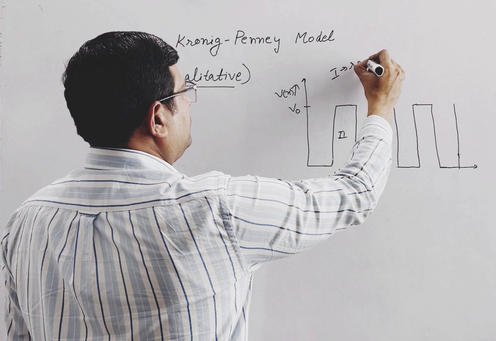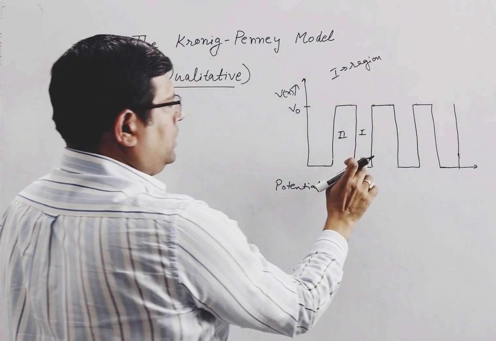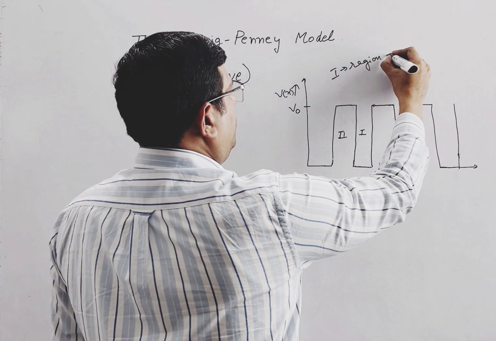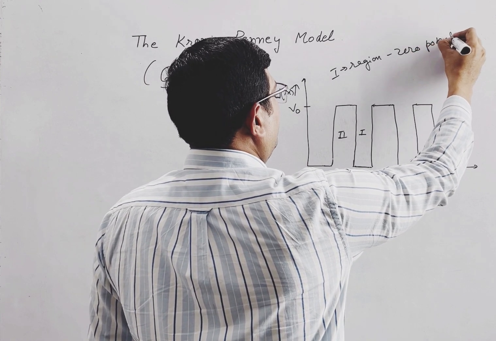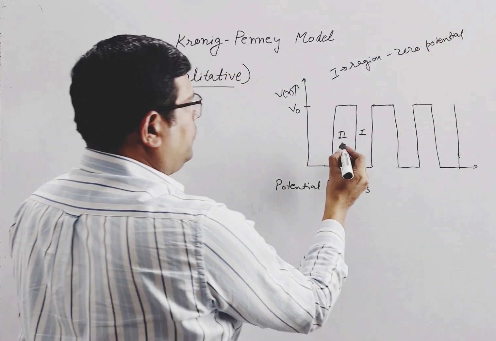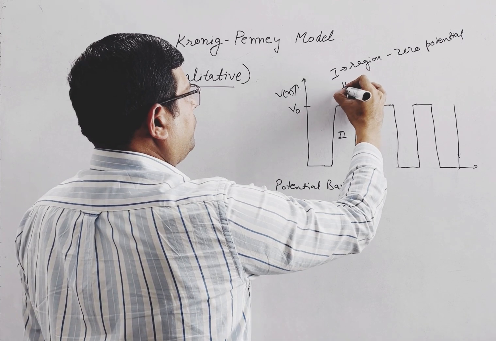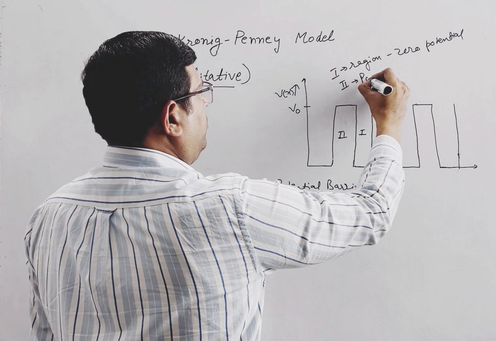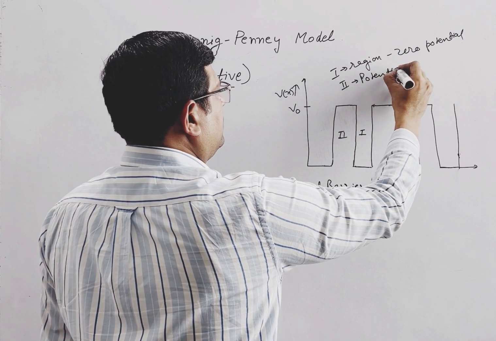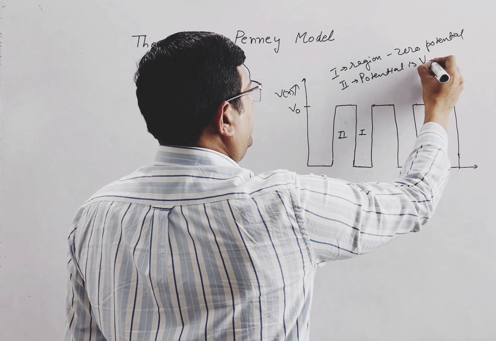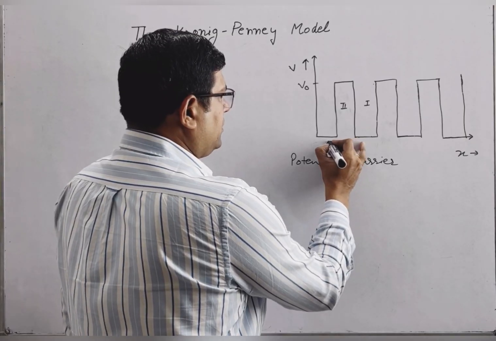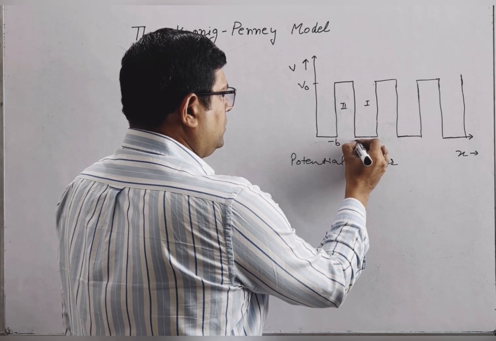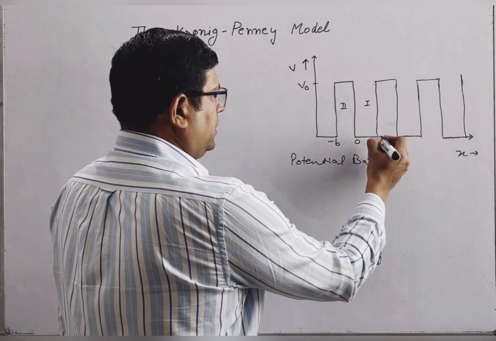The first region is having zero potential, and for the second region, potential is V naught, that is the maximum potential. Let this point be minus b, this is 0, and this is a.